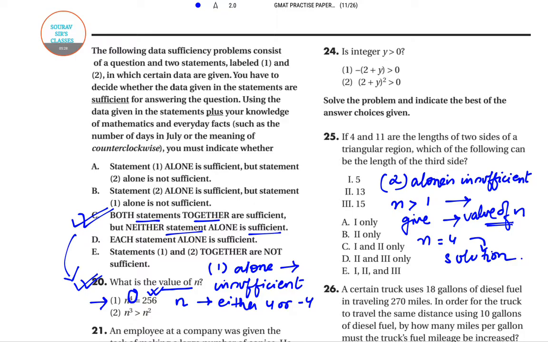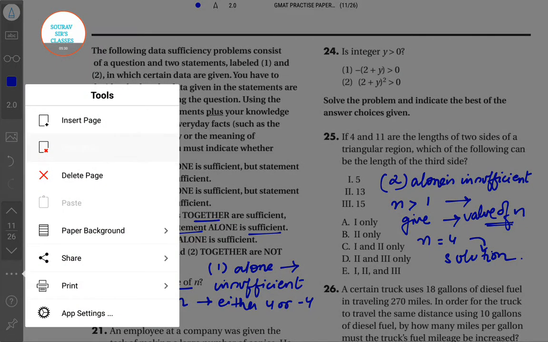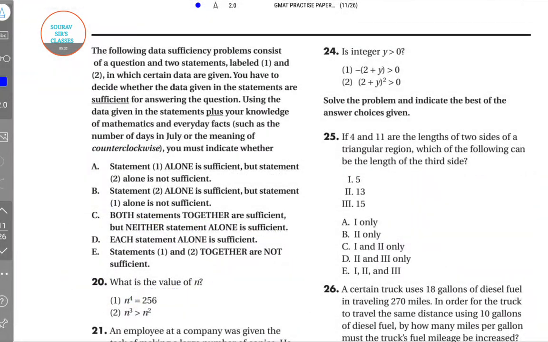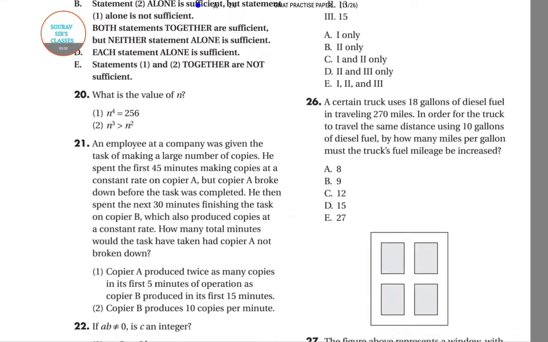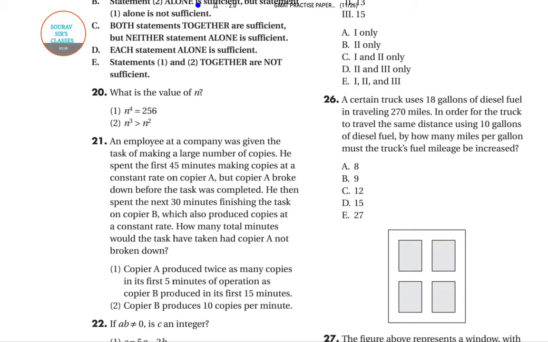Now, having said that, we will move on to question number 21. A lot of story has been provided, so we have to carefully read the story and analyze it. The question says an employee at a company was given a task.